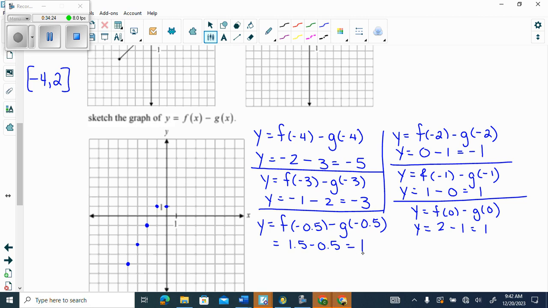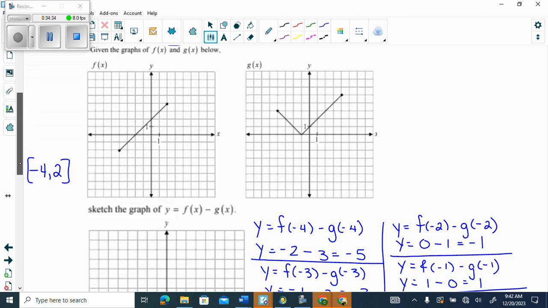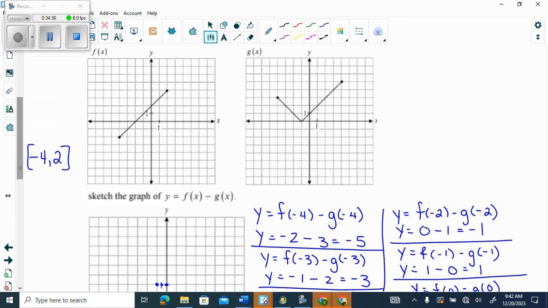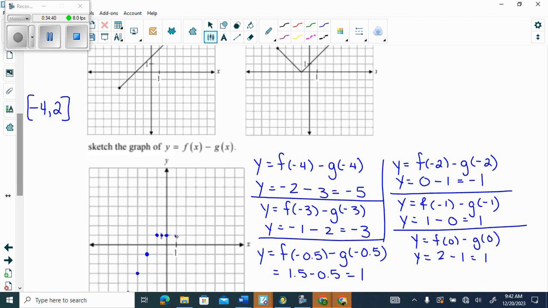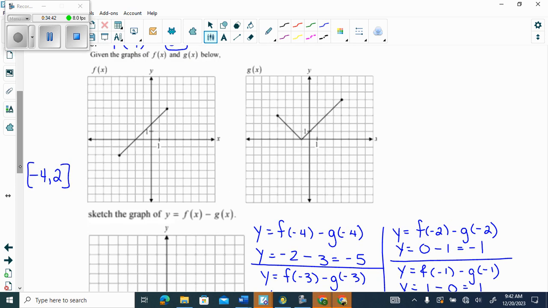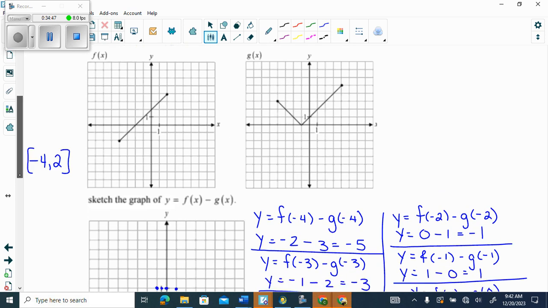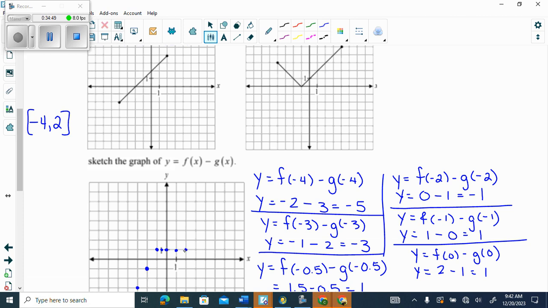So it does actually go across, but is it better that I checked it to know that I don't actually have a maximum on there? Because sometimes there is. Then we do 1, which would be 3 minus 2, which is 1. And then we do 2, which is 4 minus 3, which is 1. And then I stop because I can't keep going, right?